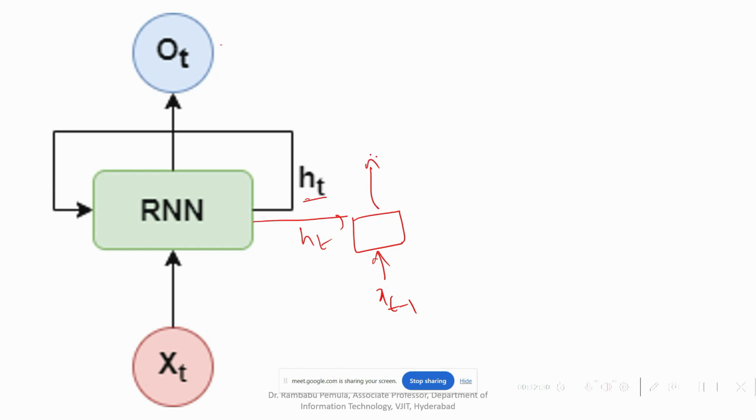We are going to generate ot plus 1, and also ht plus 1. Like that, finally we are getting the output with the help of two inputs, the present node input and the previous node output. Simply, this is called a recurrent neural network.